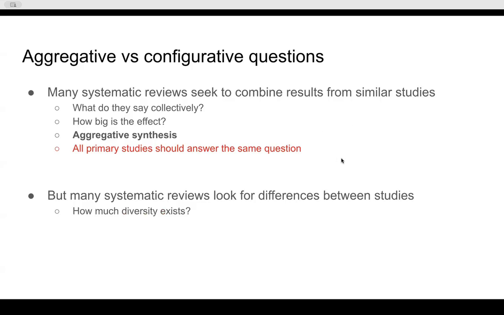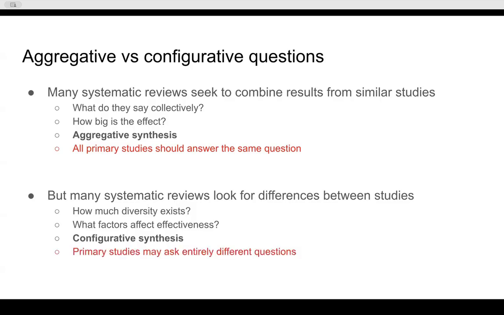So they might specifically be asking how much diversity exists in the evidence base, what factors affect effectiveness, not just does it work or not, but how is that effectiveness altered by context, for whom, under what circumstances. This is the name that's given to configurative synthesis. We're interested in the diversity, interested in understanding how systems work.